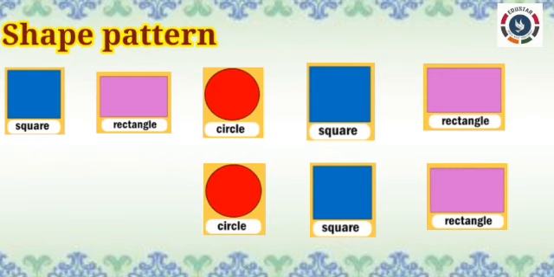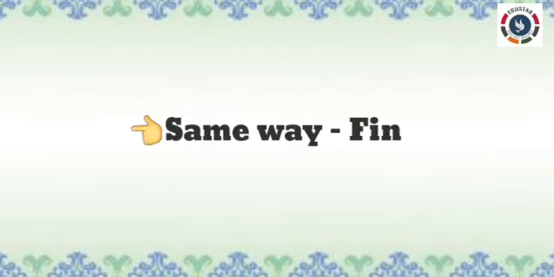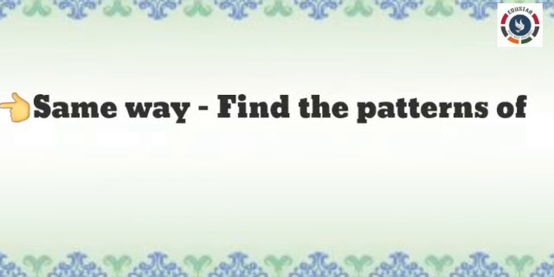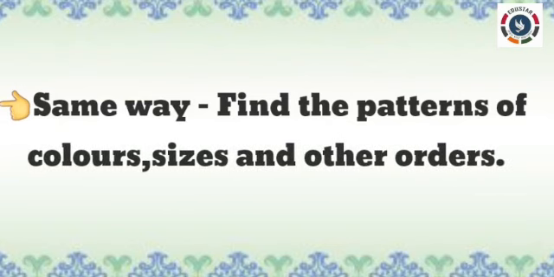So, we found this shape pattern by identifying the order of shapes that is being repeated. In the same way, we can also find the patterns of colors, sizes, and other orders.